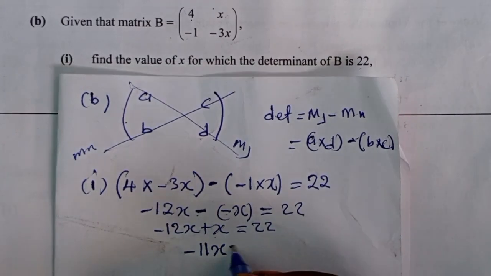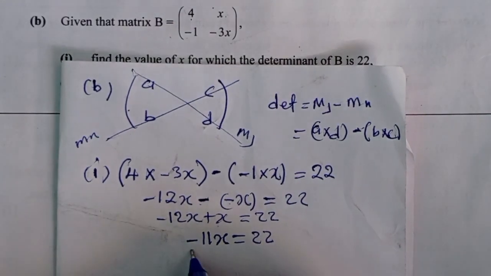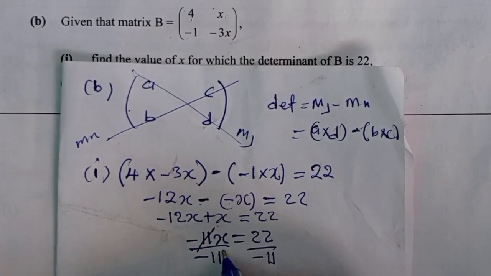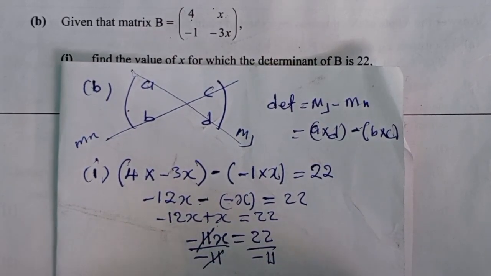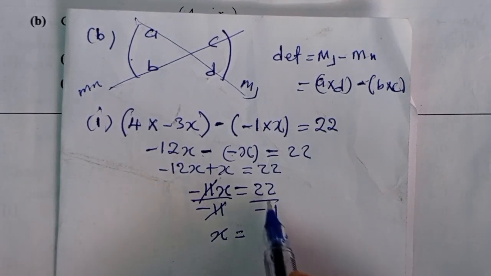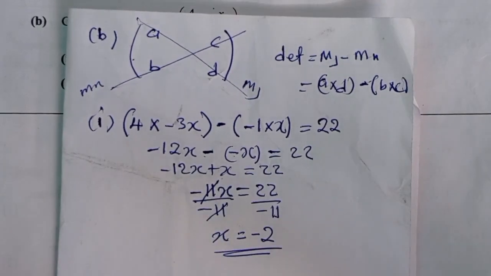So -11x equals 22. We divide both sides by -11, and x is equal to 22 divided by -11, which is -2. So that is the value of x.